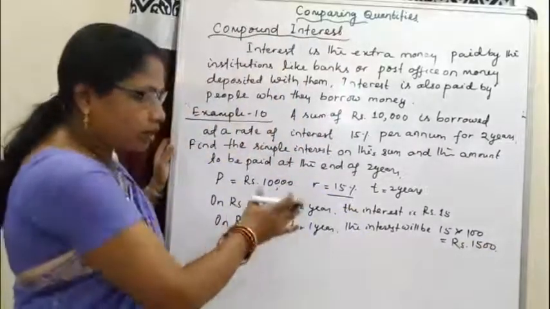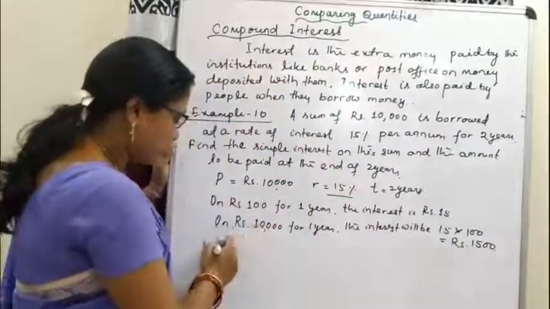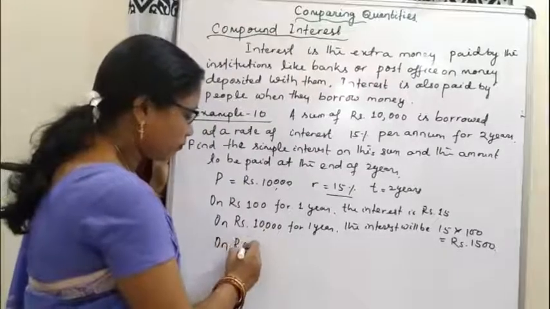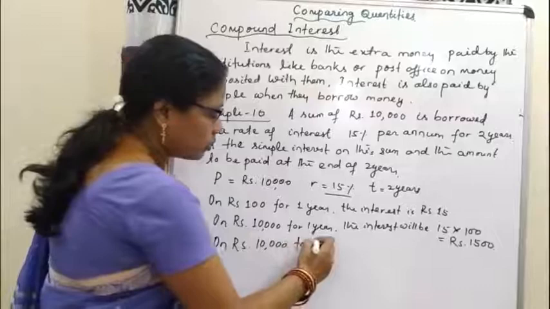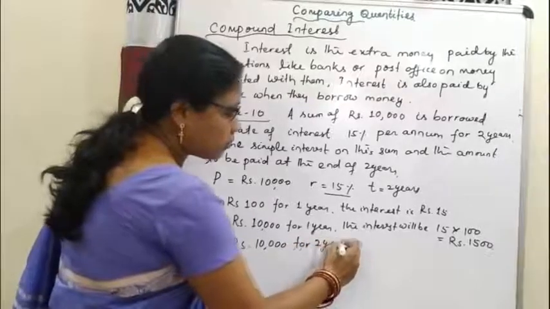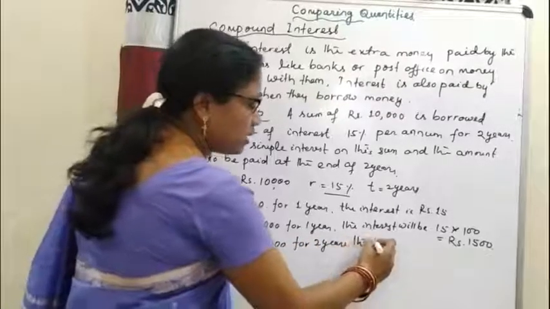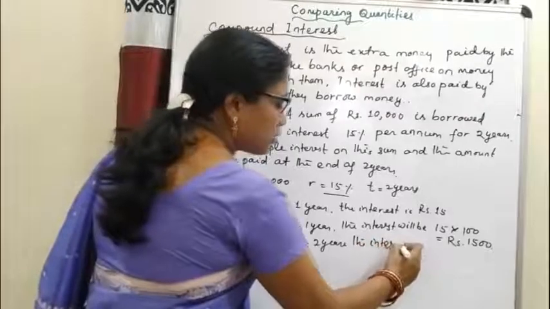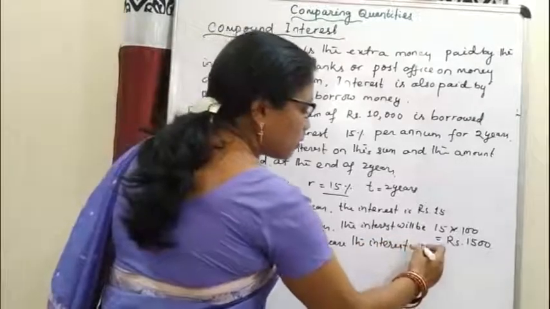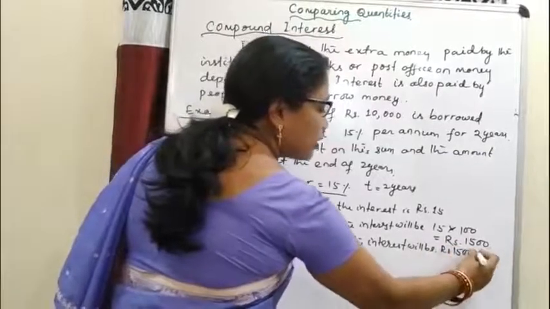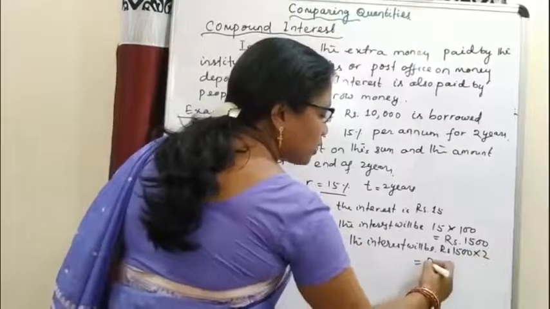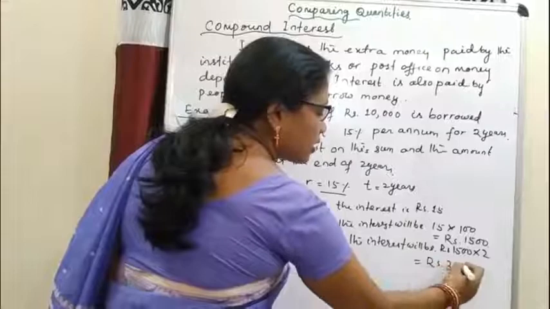Then we have to calculate for 2 years. On rupees 10,000 for 2 years the interest is rupees 1500 multiplied by 2, which is equal to rupees 3000.